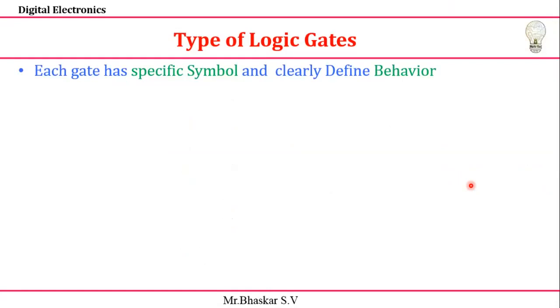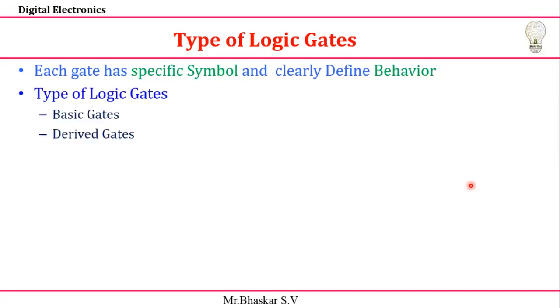If you take any logic gate, it has a specific symbol, for example AND gate has a specific symbol, OR gate has a specific symbol, NOT gate has a specific symbol, and for the same input, each will give a different output. The behavior also changes.